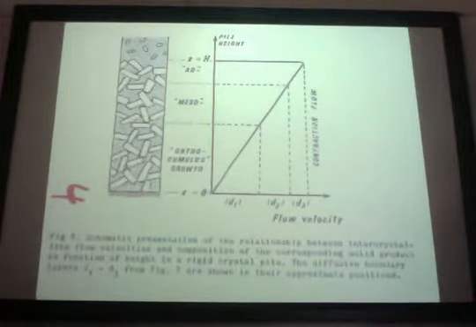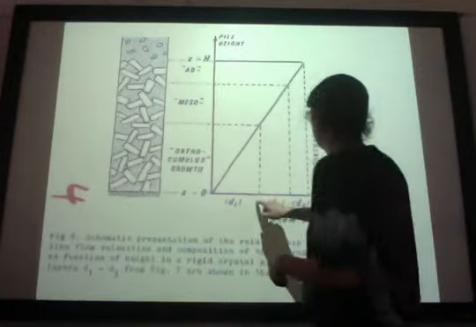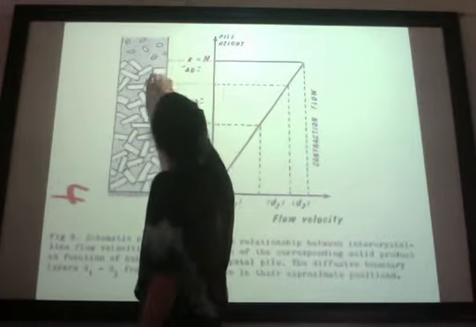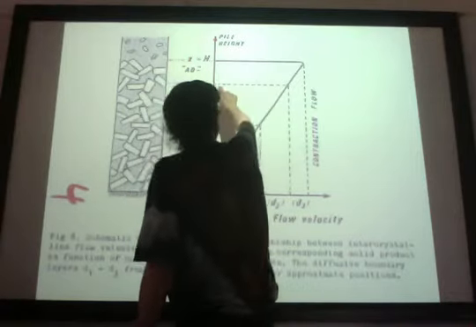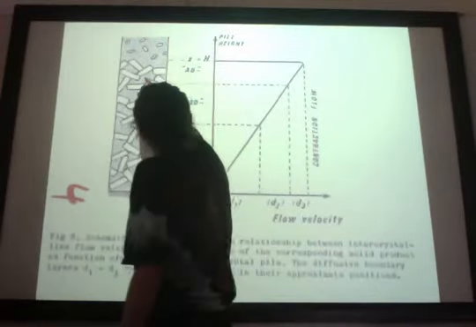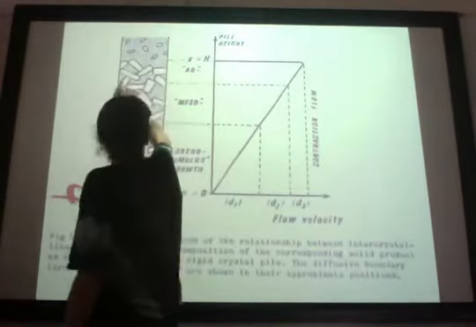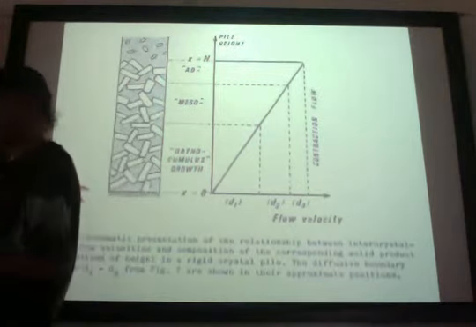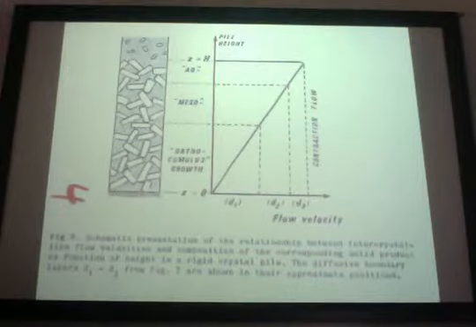And of course here we have the flow velocity. If we have this situation from the orthocumulus, we have a high flow velocity. Yeah, of course we have just some crystals inside. I showed you this in the diagrams before as well.